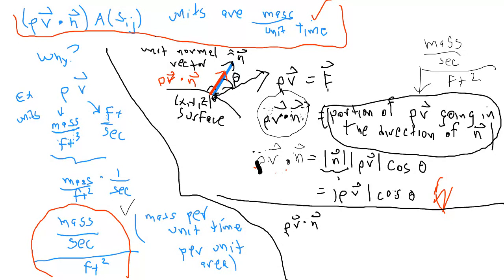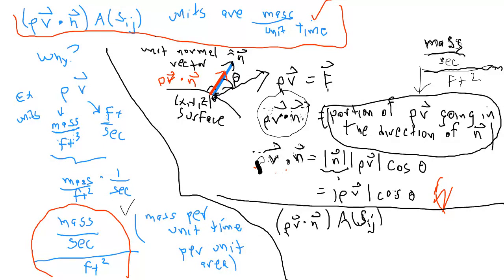All right. So let me just make sure we're doing good here. Right. Mass per second per feet squared. Okay, now let's say I took this and I multiplied it by the area of the ijth patch, capital S, ijth patch on the surface.